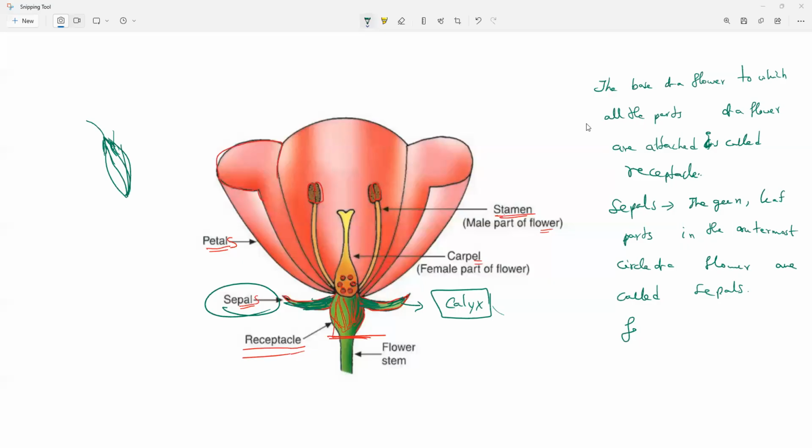Right. The function of sepals is to protect the flower in its initial stages.